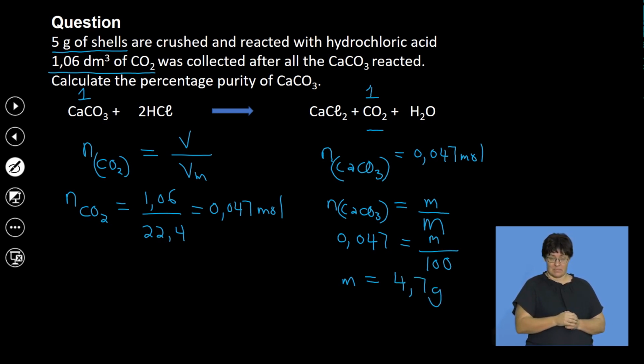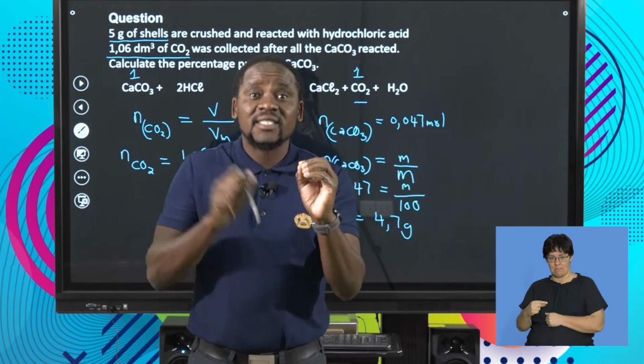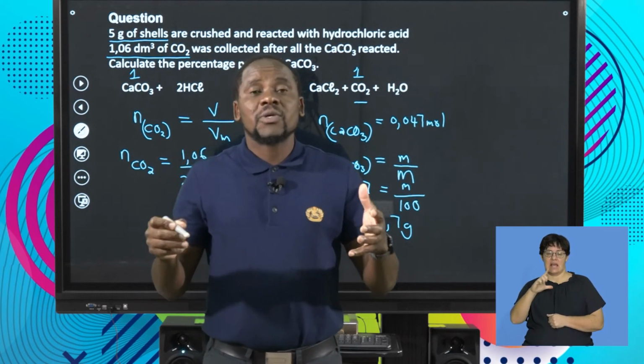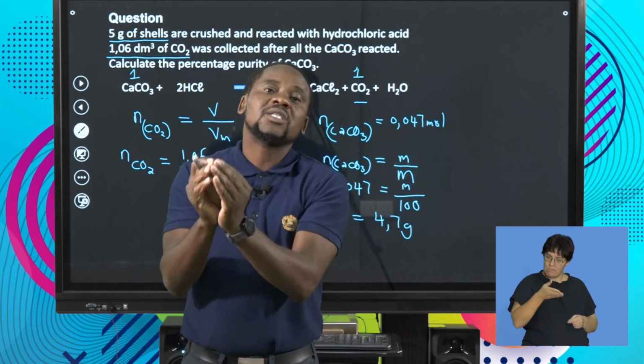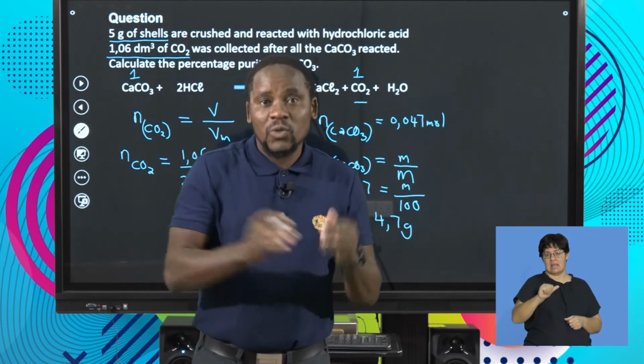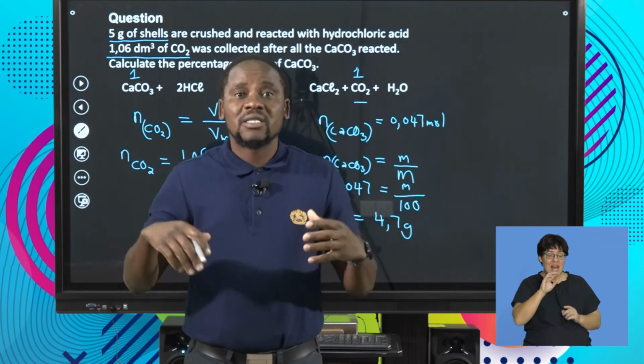Let's break this down and bring this into context. The sample of the eggshell, the total mass is actually 5 grams. Now, of that 5 grams, only 4.7 grams is actually calcium carbonate. So in other words, a major component of that eggshell consists of calcium carbonate, which is 4.7. Then it means the remainder thereof actually is the impurity.